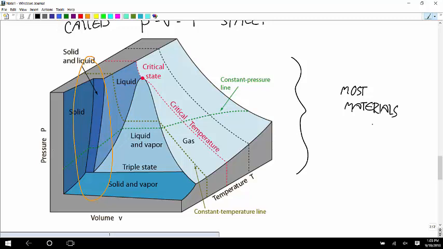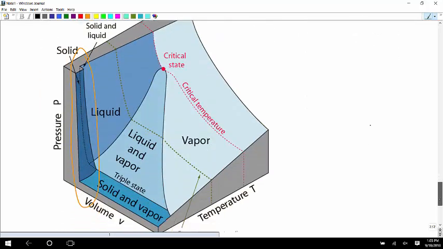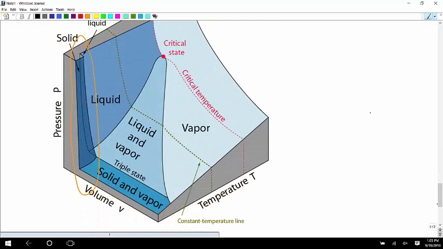Okay. Look at what happens if you're dealing with water. So now again, think of a specific pressure. You come across here, gas, liquid, and if you decrease the temperature more, you get a jump in the specific volume, and that has to do with the expanding that water does when you make ice.